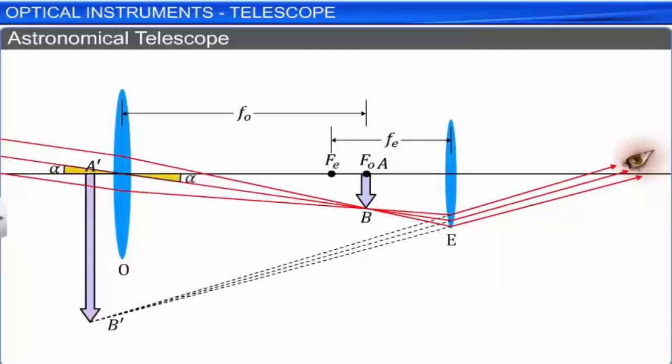The angular magnification, or the magnifying power of a telescope M, is the ratio of the angle subtended by the final image at the eye to the angle subtended by the object at the unaided eye. That means M is equal to beta by alpha. Let this be equation 1.